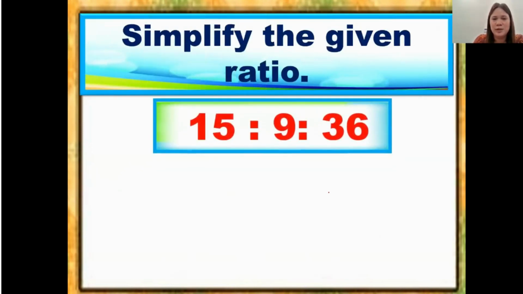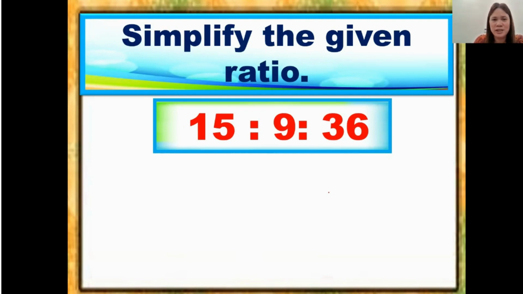Now, I want you to answer this one, year 8, and let's see if you know already how to do this before we proceed to simplifying ratios with different units. I'm giving you time, maybe 1 minute to answer this question. All right?